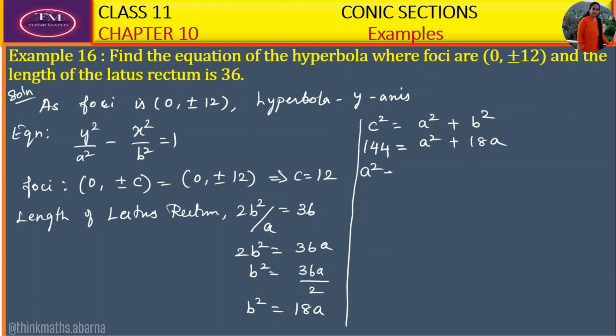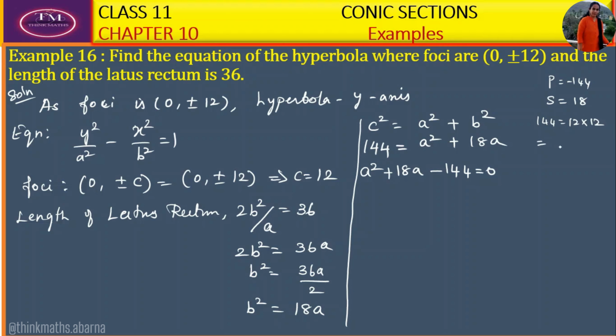So a square plus 18a, bring this 144 to other side, it will be minus 144 equal to 0. So here the product is minus 144 and the sum is 18. So this 144 can be written as 12 into 12. But 12 plus 12 doesn't make 18.